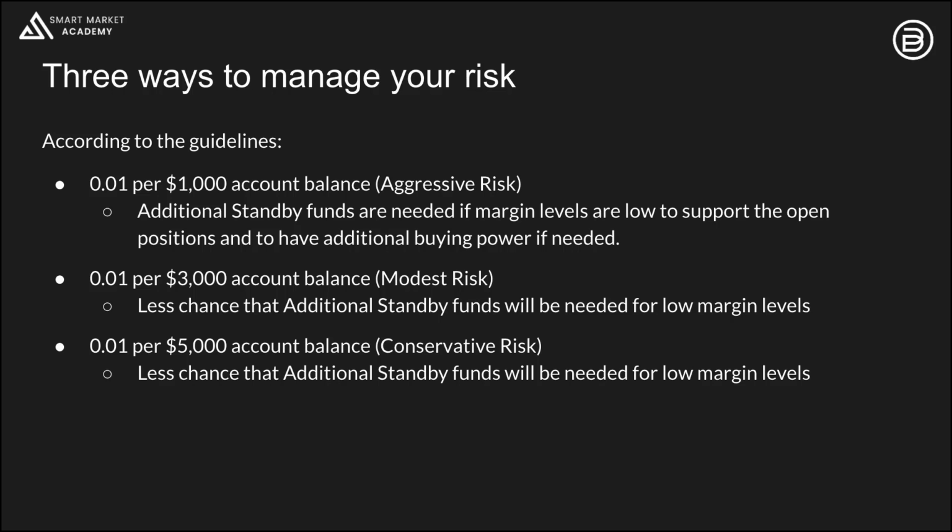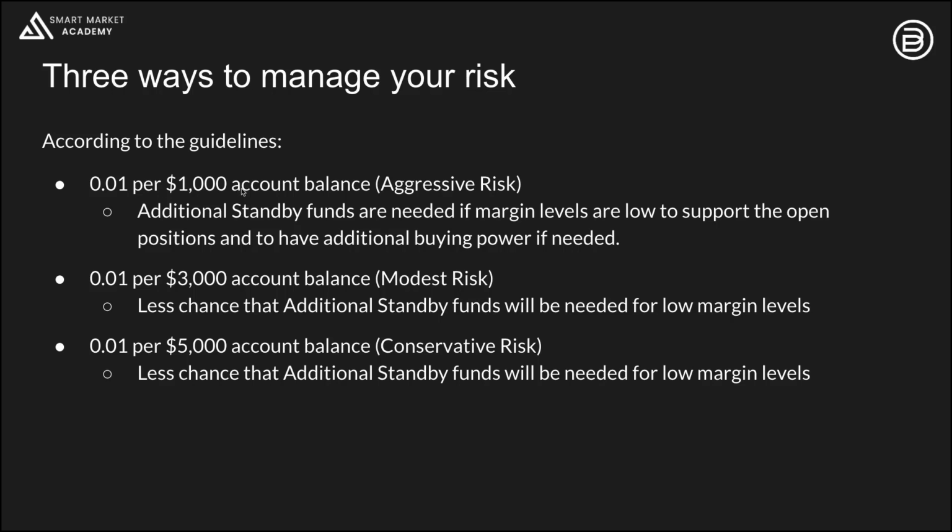So let's take a look. The first option here is the trade setup based on risk: aggressive risk. Aggressive risk is set up with 1 microlot per $1,000.